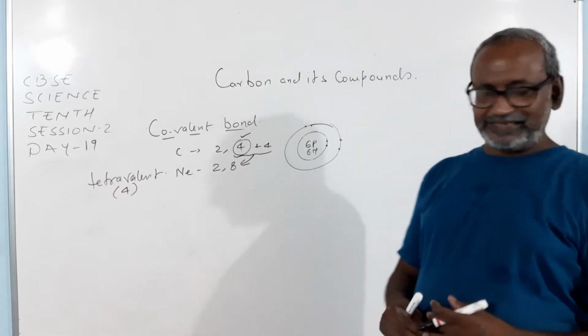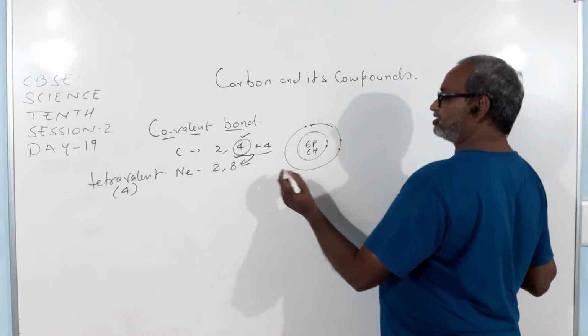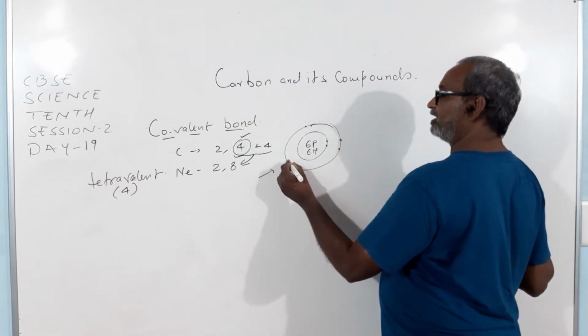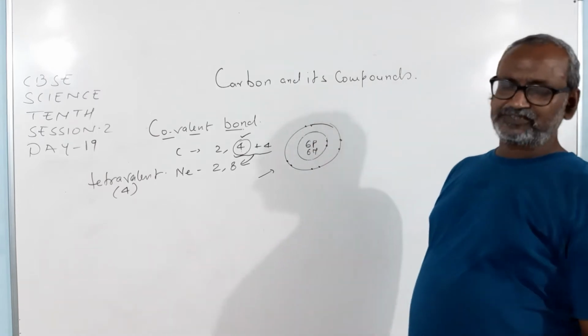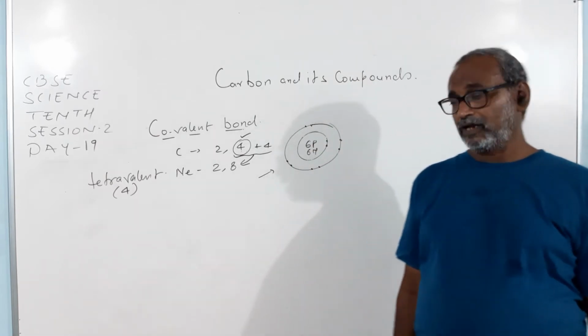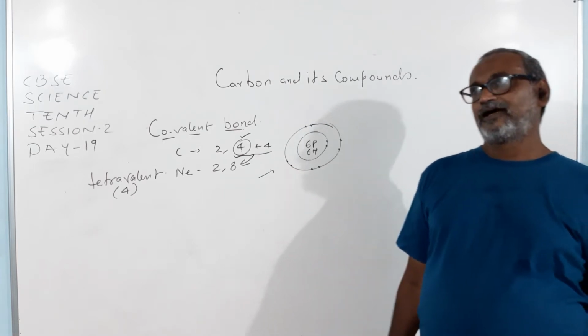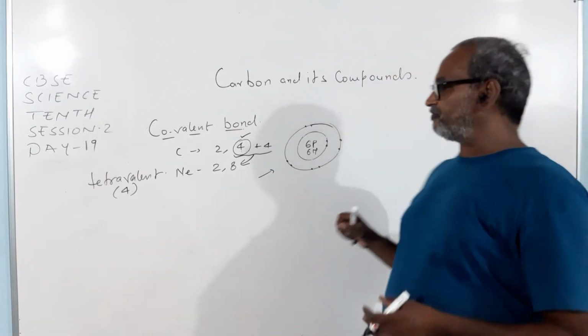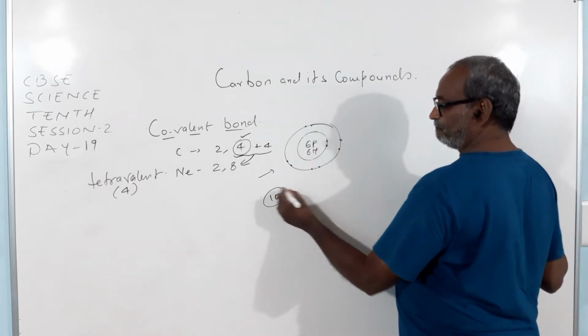Now let's see whether it can complete its octet by gaining 4 electrons, and what happens in that case. If somehow it gains 4 electrons, then the total number of electrons will be 8 plus 2, that is 10.